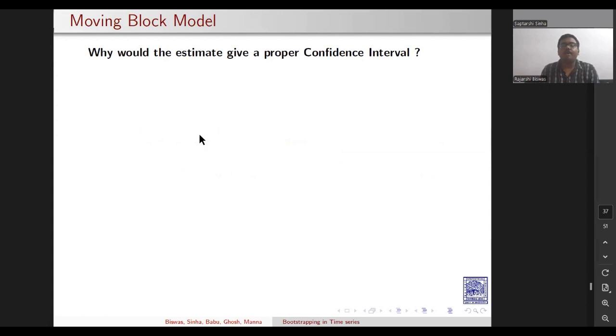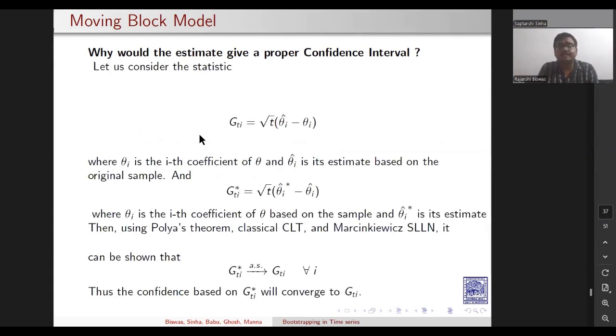Now, why would the estimate give a proper confidence interval? Let us consider G_T,i equal to root T times (theta i hat minus theta i). Then G_T,i star equals root T times (theta i star, that is the bootstrap sample estimate, minus theta i hat, that is the original sample's estimate), and theta is the original value.